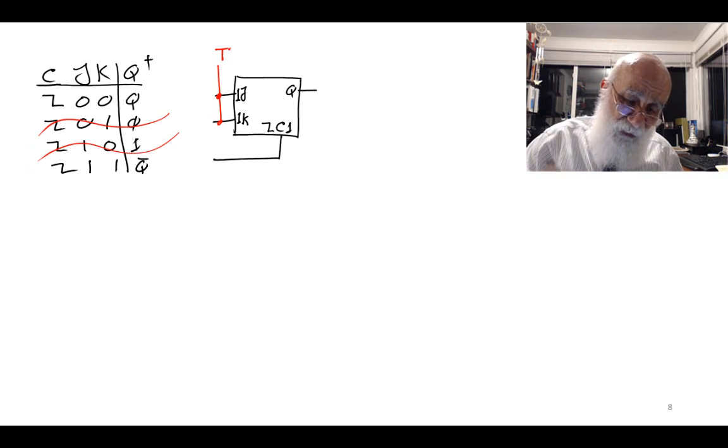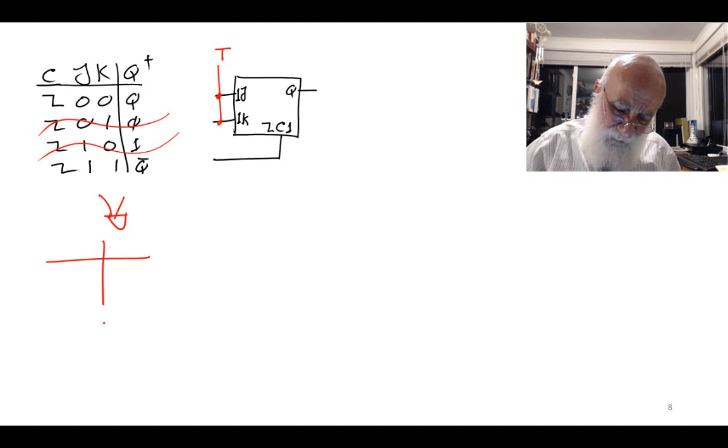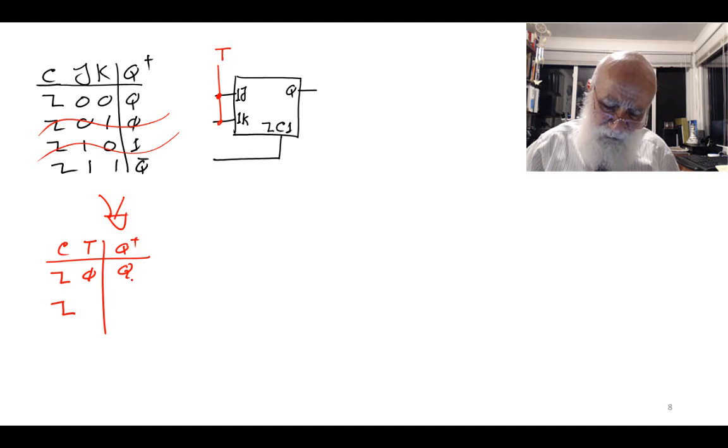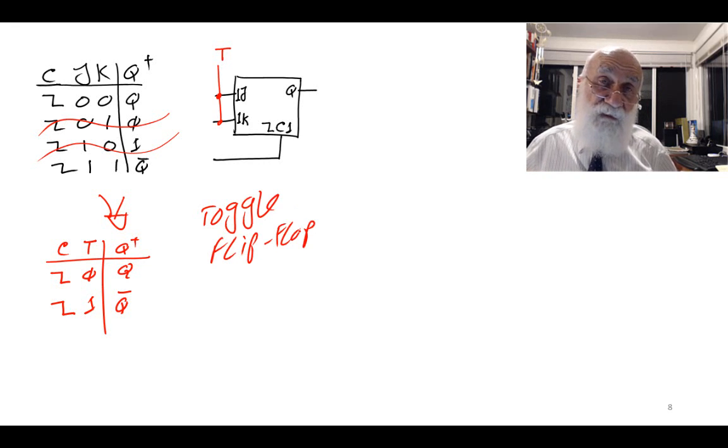I'm going to call this one T, and therefore this table changes to this: C, T. T 0, Q plus becomes Q. T 1, Q plus becomes Q bar. I'm calling this a toggle flip-flop, that toggles.